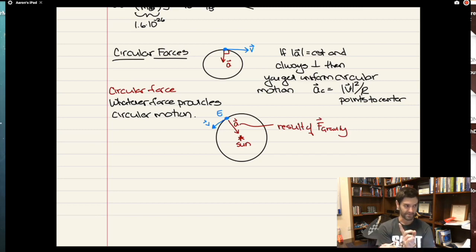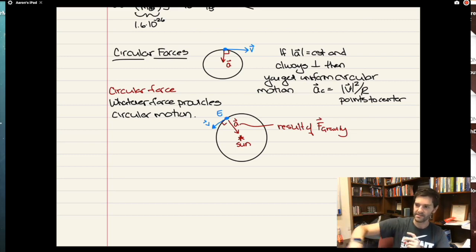Not 9.8 meters per second squared, of course. That is only for when you're near the surface of the earth. It's something quite different. But nonetheless, the sun is pulling on the earth with an acceleration that points perpendicular to the earth's velocity. So as a result, the earth's motion is constantly changing direction, but the earth in this case is always moving at roughly 30 kilometers per second, which is the speed of the earth as it orbits around the sun.